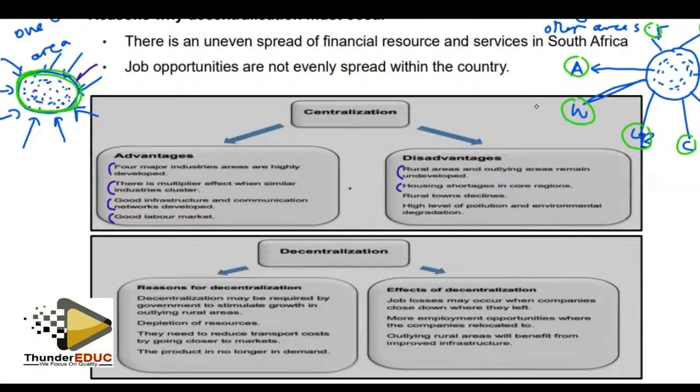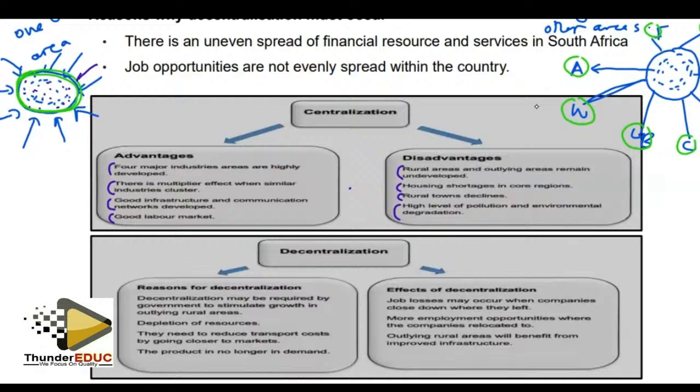Talk about rural towns decline because now there is no more active youth and as well no more active businesses. Most of the businesses are situated in the core areas, meaning that rural economies will drop. There are no customers, no businesses, which affects the economy, and high levels of pollution and environmental degradation in the core areas. So we know that the more the industries, the more the pollution, which will affect the environment negatively.